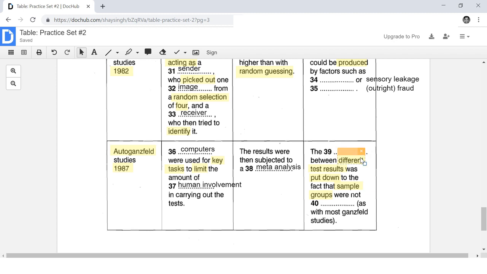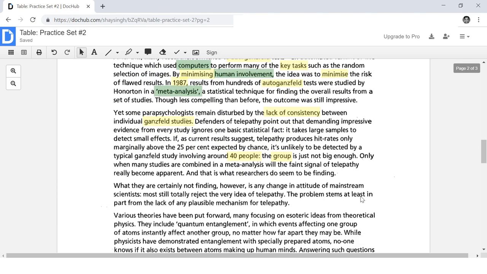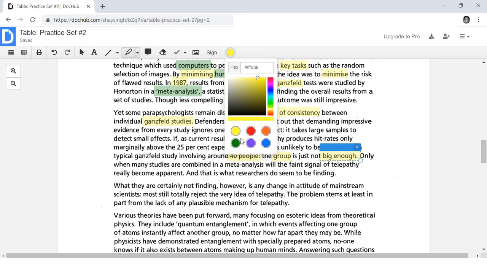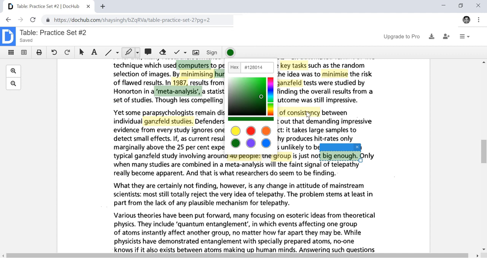The lack of consistency between different test results was put down to the fact that sample groups were not. What was wrong with the sample groups? What was wrong with it? It mentions that over here. The group is just not big enough. They weren't big enough. So that's going to be our answer for that. And this one is going to be one of our other answers.